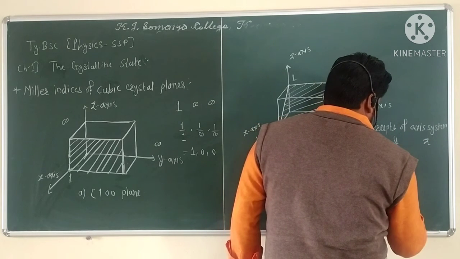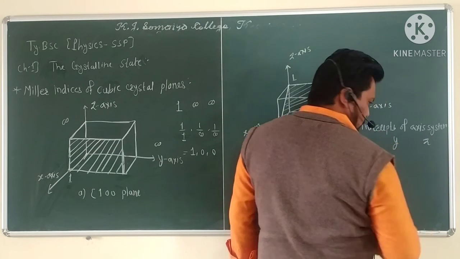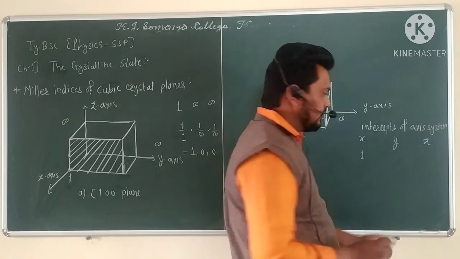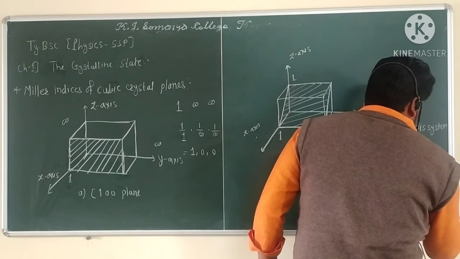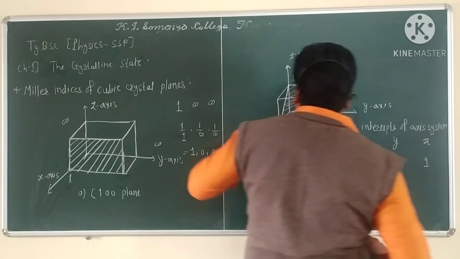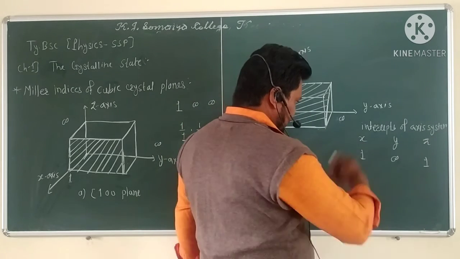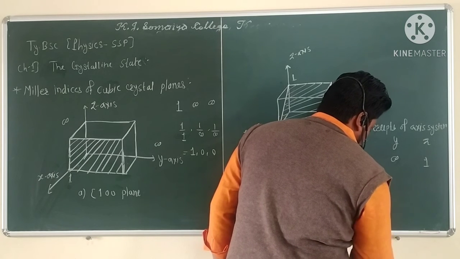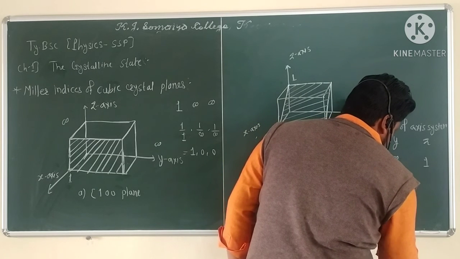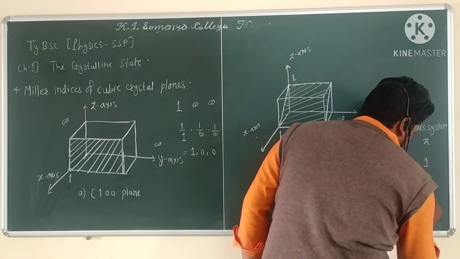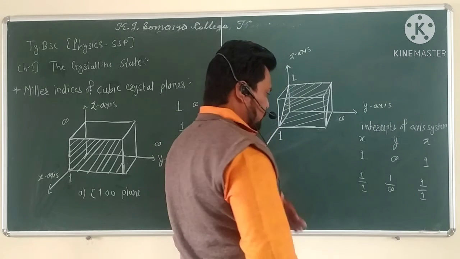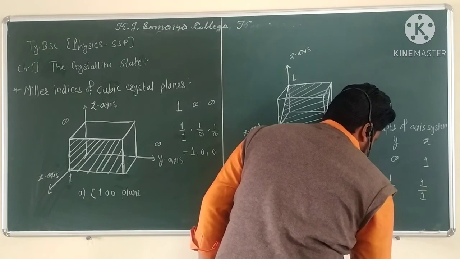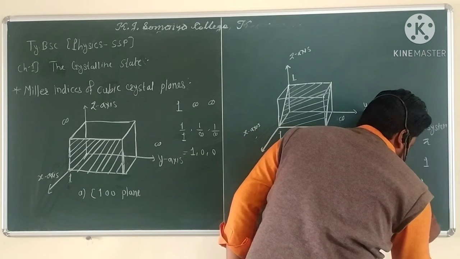Here it is 1; the plane is parallel to the y-axis, so that is infinity; and on the z-axis it intersects at one axial unit, so 1. Taking the reciprocal of each, we get 1 upon 1, 1 upon infinity, and 1 upon 1. Their LCM is 1, which is multiplied by 1, so we get the Miller indices 1, 0 and 1.